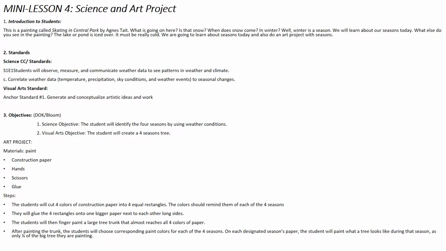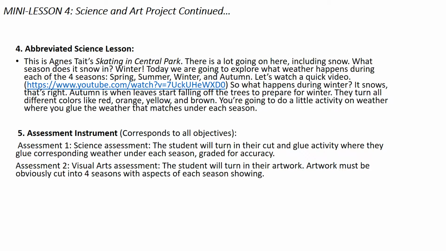Each different color of construction paper was a different season. They could choose the background colors that they wanted, as long as they somewhat related to the season. For winter, they would just do branches with some snow around, and for fall, leaves changing colors. Pretty simple stuff.